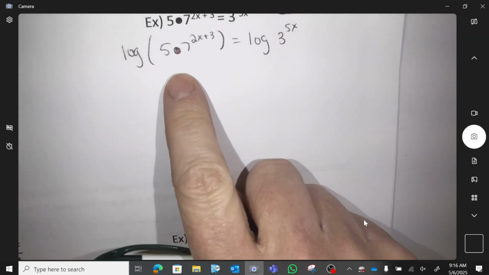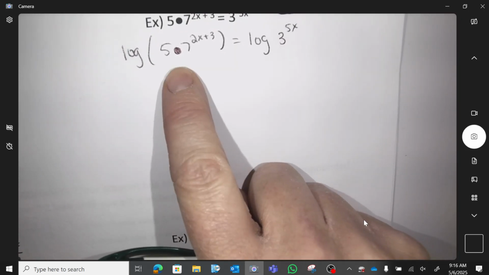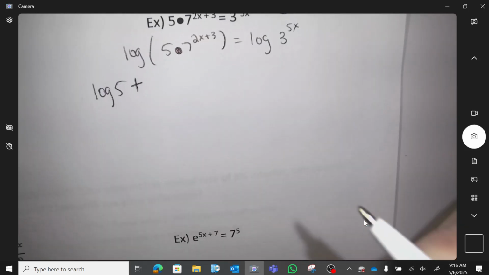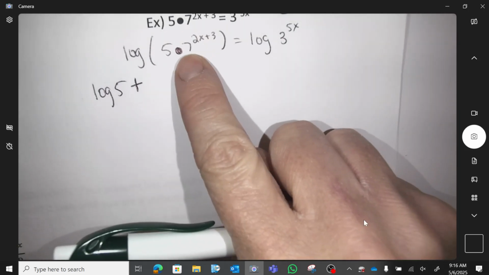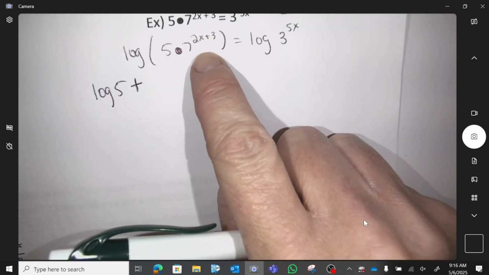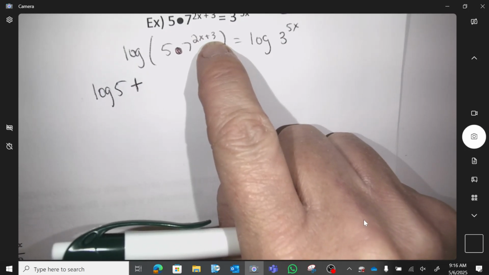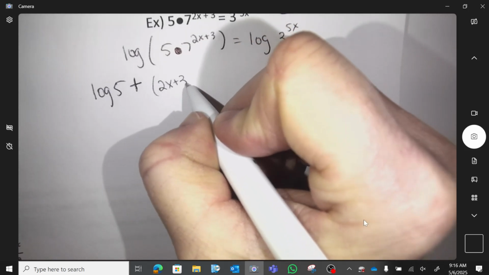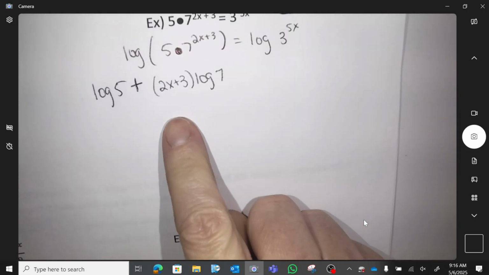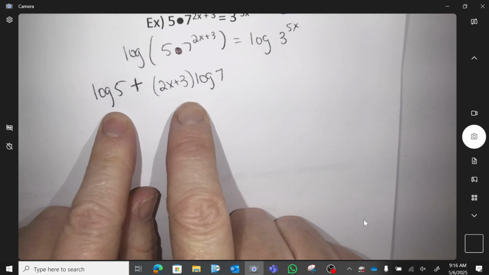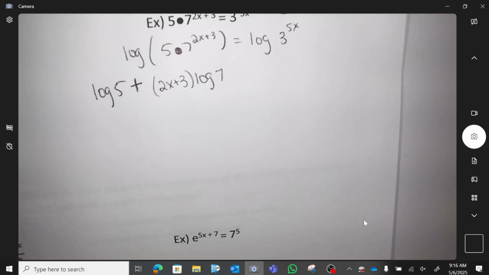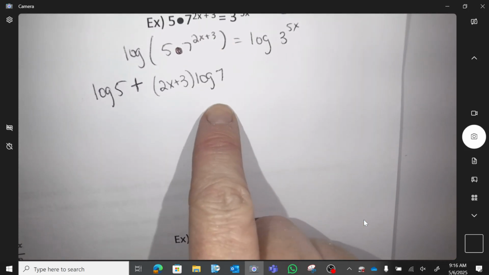Okay, there's 2 items in here multiplied. So what am I going to do to split those 2 items? I'm going to add them. So log 5 plus, and I'm going to add the 7 item, but at the same time, can we move the exponent on the 7 to the multiplier of it? Okay, so do you see my rules? The multiplication, split the 5 part and the 7 part apart with add, and then the exponent became the multiplier in front.